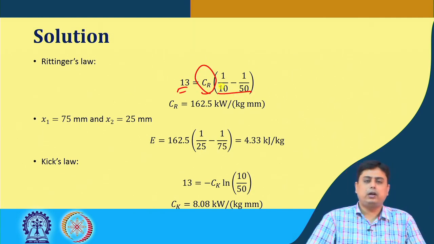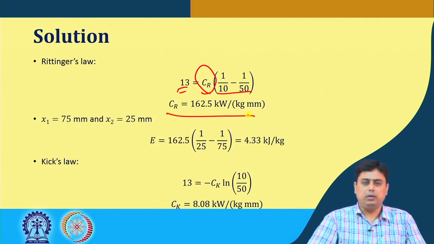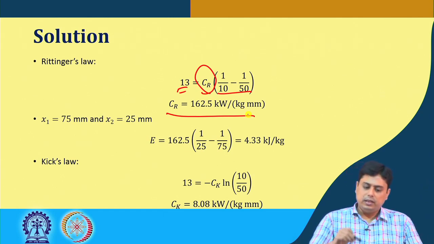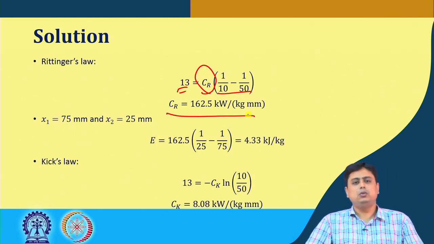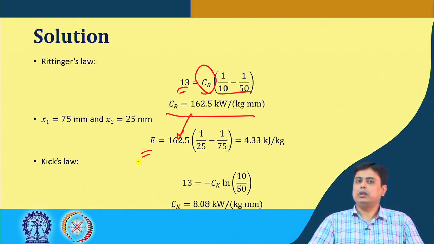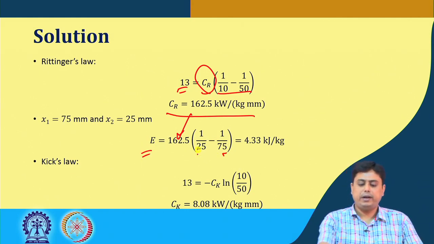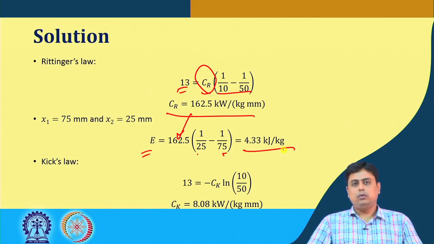We have to calculate this Rittinger's constant, which we can find numerically using this, because the same equipment is being used for crushing material from 75 millimeter to 25 millimeter. So, the Rittinger's constant would be the same because the material and the machine are the same. Using that constant, we can now calculate the energy requirement from 75 to 25. That provides us the value 4.33 kilojoule per kg of energy required.